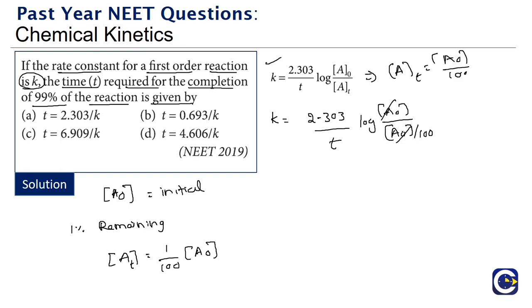A0 is cancelled, so 100 will go to the numerator. On the RHS we have 2.303 divided by T into log 100.